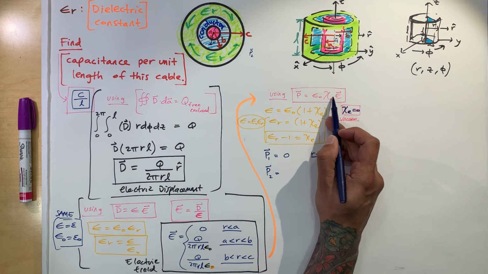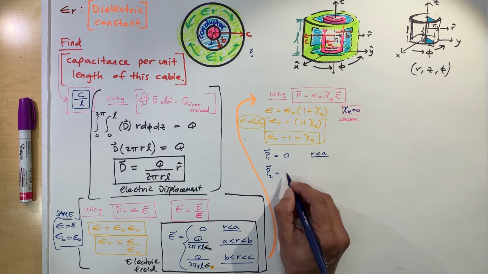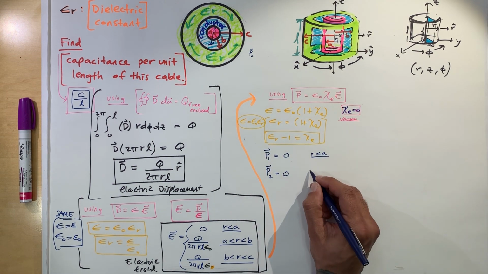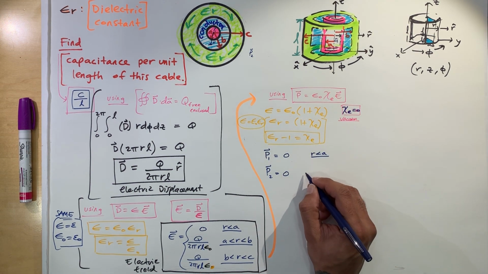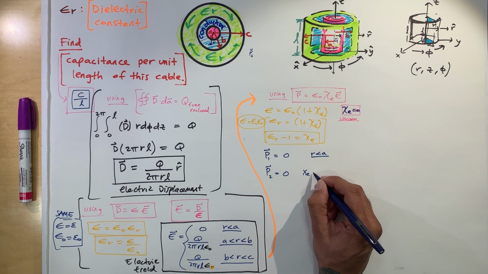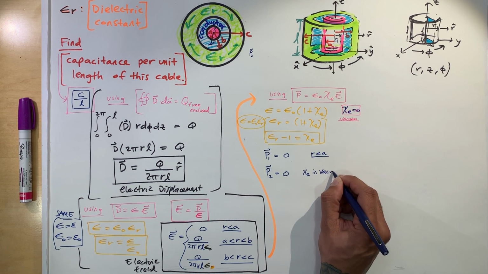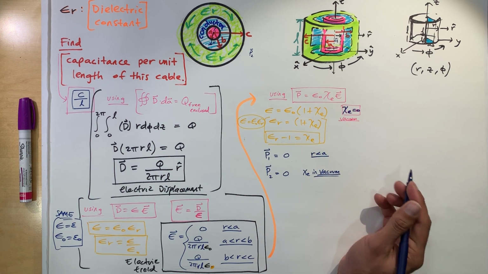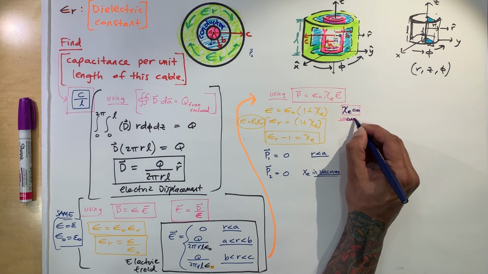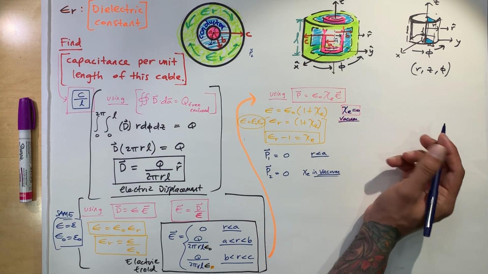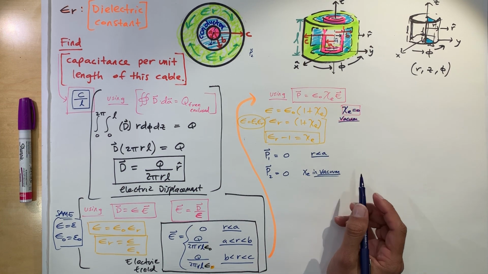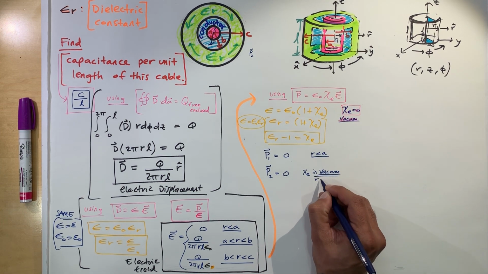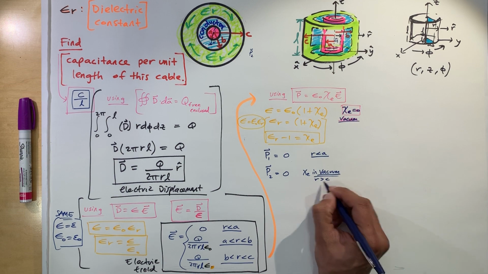And so this is equal to 0, meaning polarization in that region is equal to 0. That is for outside, so R is greater than C.